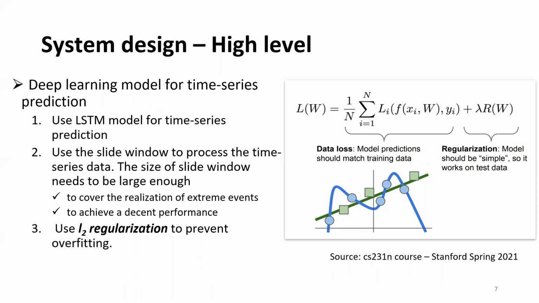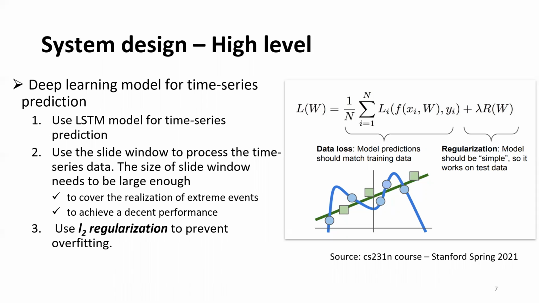We have multiple RNN models from RNN and LSTM to GRU with or without attention. So here we choose the LSTM model for the time series regression application. Moreover, we choose the sliding window, which needs to be large enough to cover the extreme events and to achieve decent performance.